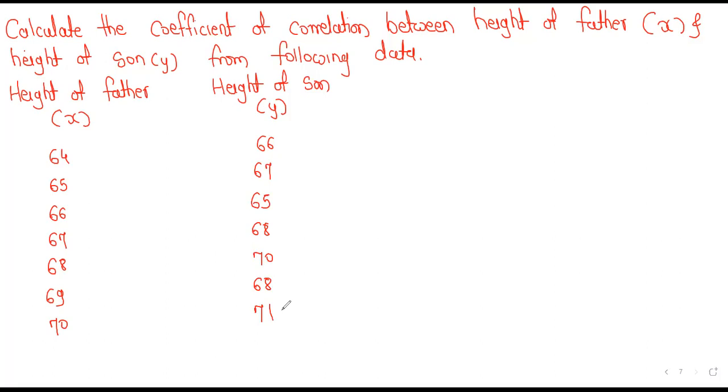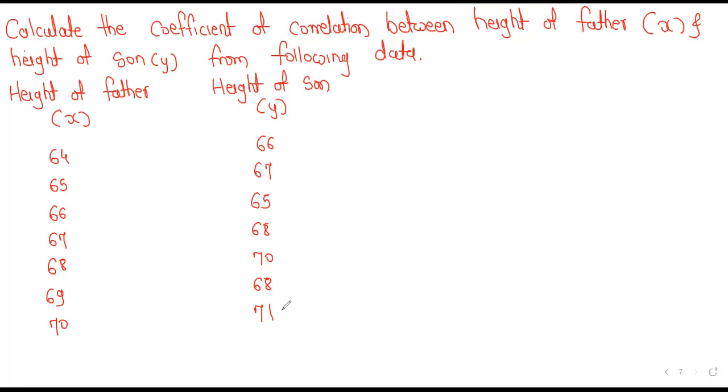First of all, mode, again mode, reg, line. Now we enter the values of x and y one by one: 64, 66, M plus; 65, 67, M plus; 66, 65, M plus; 67, 68, M plus; 68, 70, M plus; 69, 68, M plus; 70, 71, M plus.